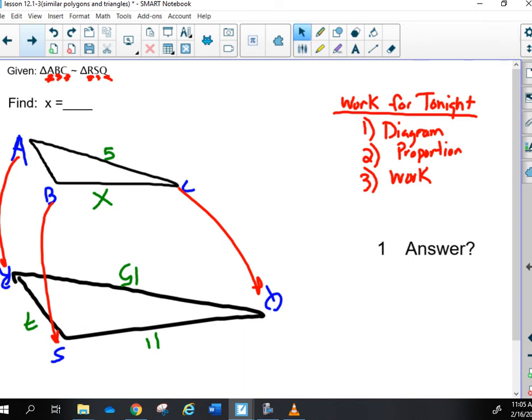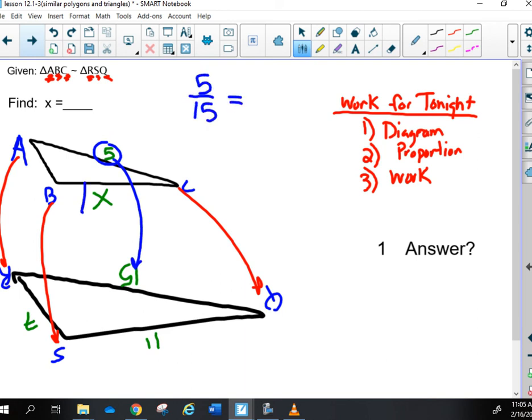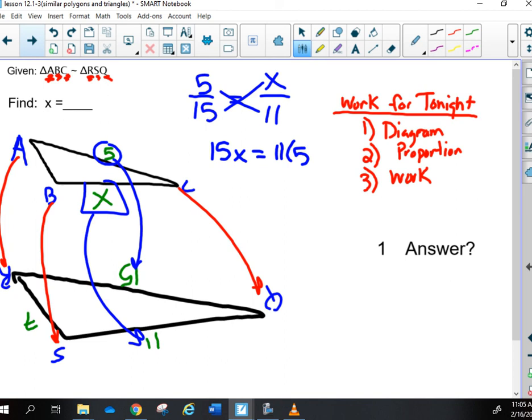Then I should be able to say, if 5 is proportional to the upside down 15, 5 to 15, what is x going to be proportional to? x is proportional to 11. I cross multiply, and I have 15x equals 11 times 5. 15x equals 55.